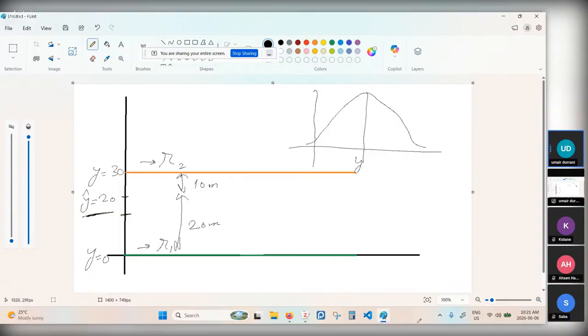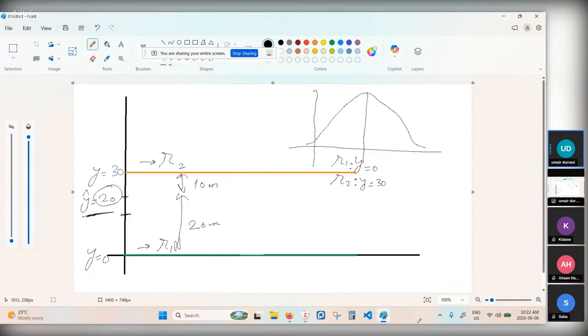So y is equal to 0 for R1, and for R2, it would be y is equal to 30 meters. And the values around this mean position are the GPS positions that we are getting. And this normal distribution is representing all those values that we are getting from the GPS. What we actually got is 20 meters from the navigation system.